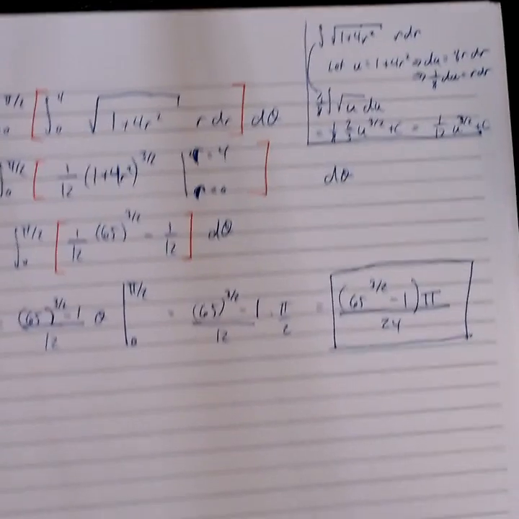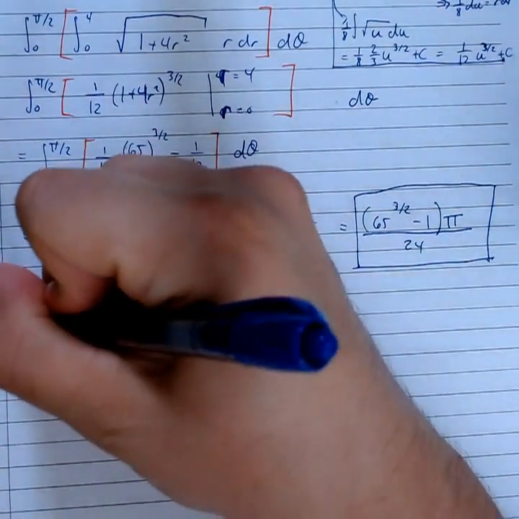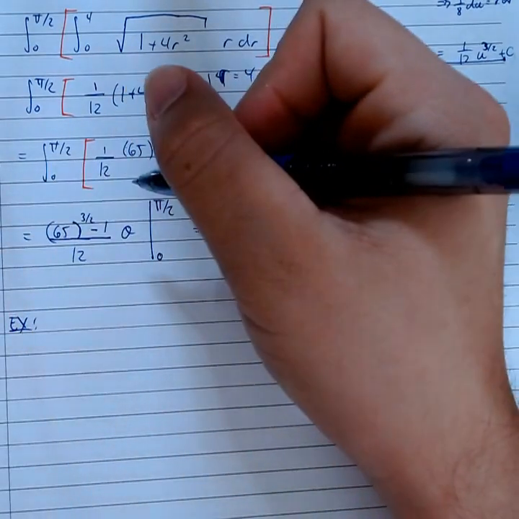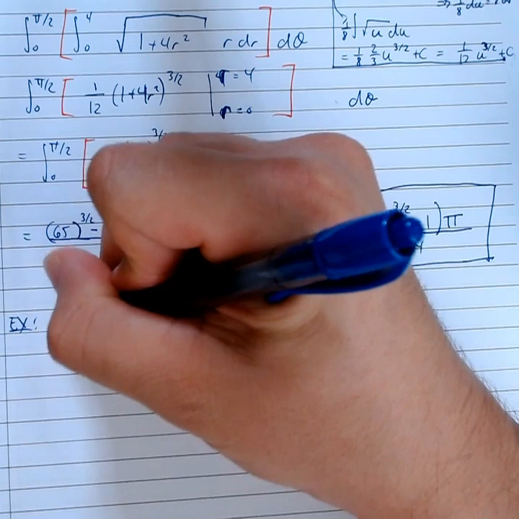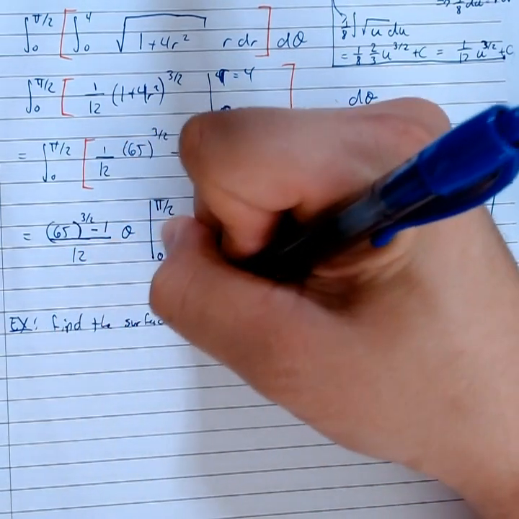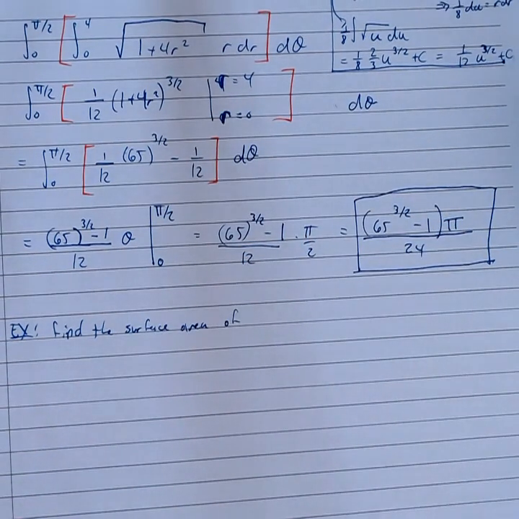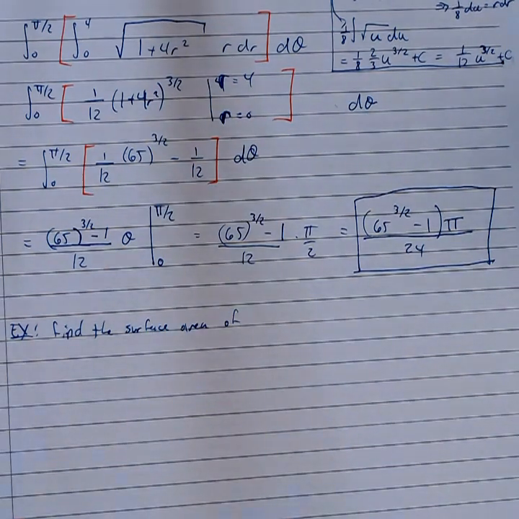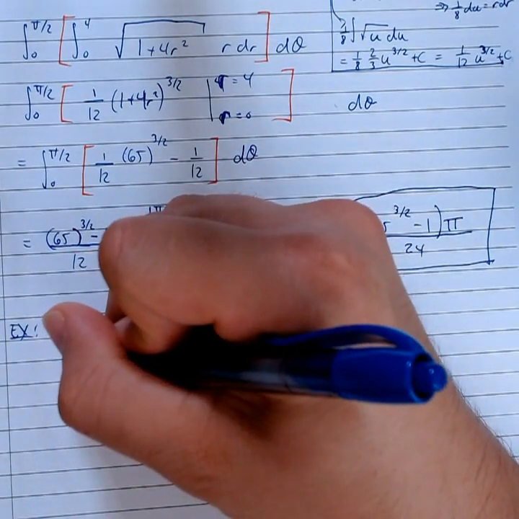All right, so here, let's take a look at another example. We're going to go ahead and find the surface area of, and let's give our region as an illustration. So let's see here.